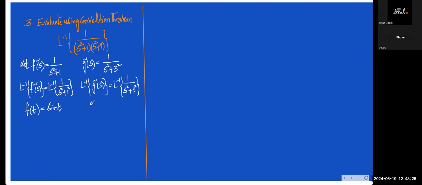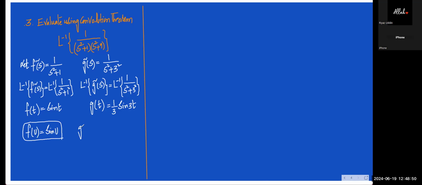I forgot to write 3 squared. This is g of t by the statement, and this is 1 by 3 sin 3t. Here 1 by 1 used to come but I did not write it; f of u is sin u, that should be understood but still I am writing it.